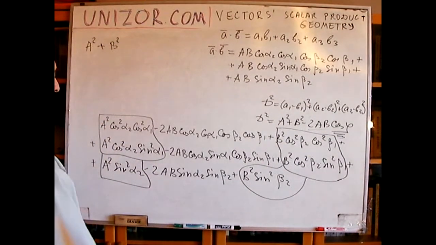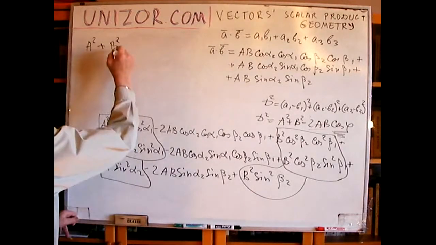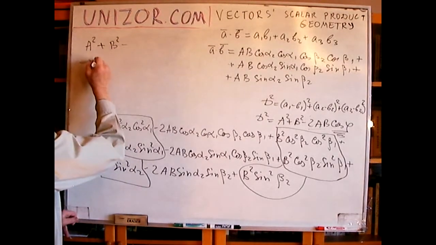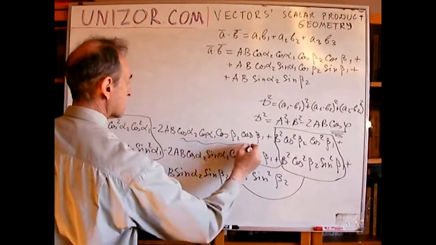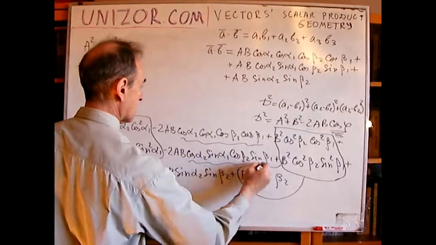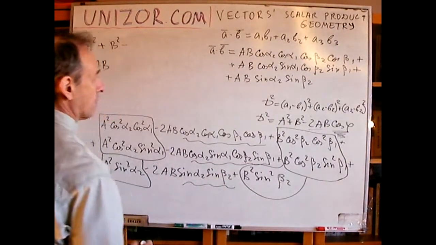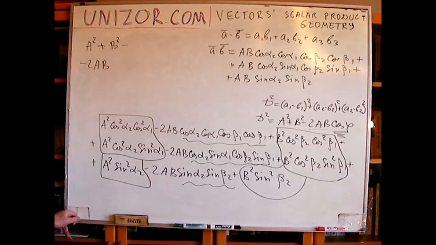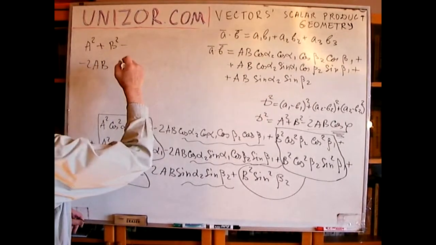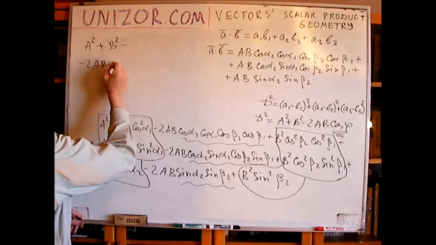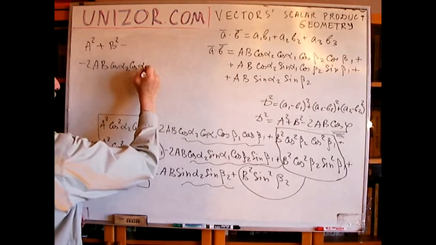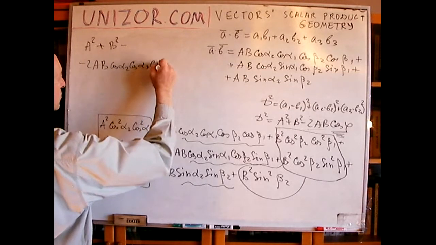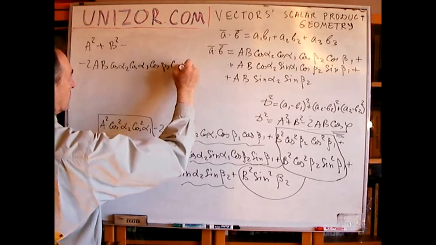Okay? And what do I have left? Minus 2AB times all this thing. This, and this. Cosine alpha 2, cosine alpha 1, cosine beta 2, cosine beta 1.